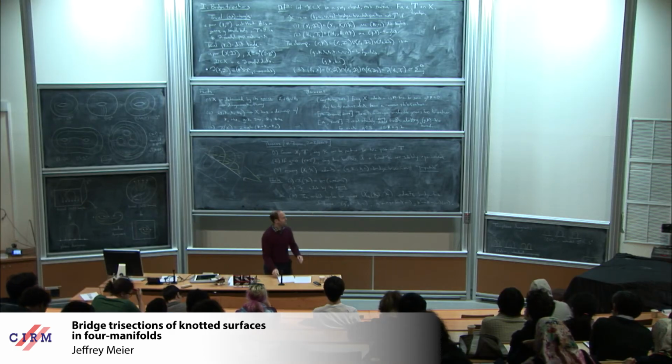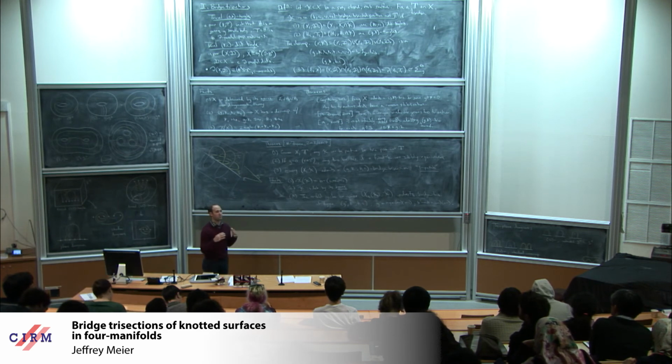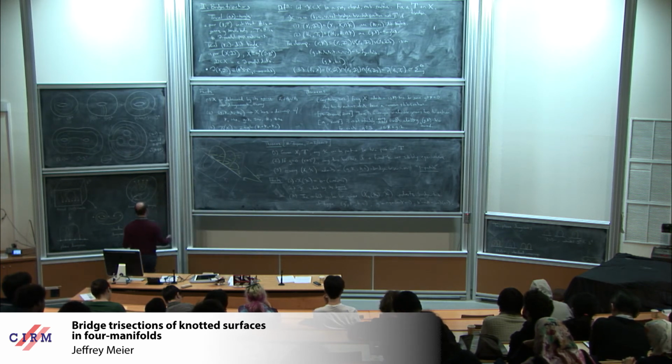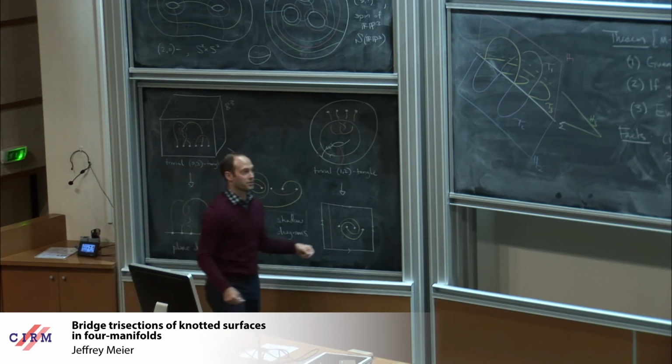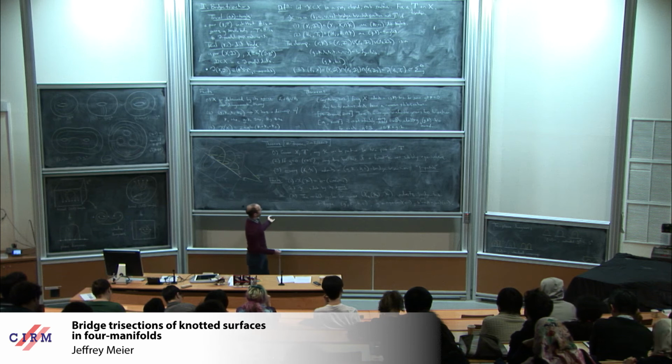So one nice thing about trisections and bridge trisections is they behave really well under branch covering. Basically the reason for this is because the N-fold branch cover of a trivial tangle is a handlebody with a trivial tangle in it.